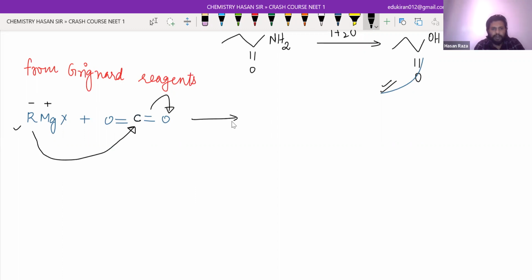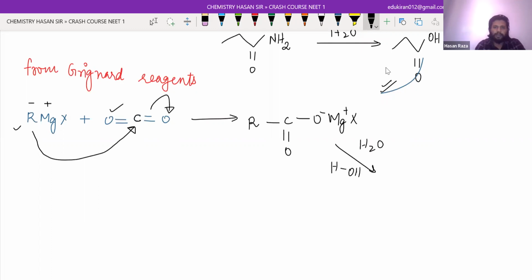So if it attacks on C, what you will have, I'm going to write in this way. There is C and there is double bond O. And this O will become negative, and with the negative, the positive will go, so Mg plus X. And this R attacked on C. And after this, you are going to do the hydrolysis, H, OH, and you know this has negative.